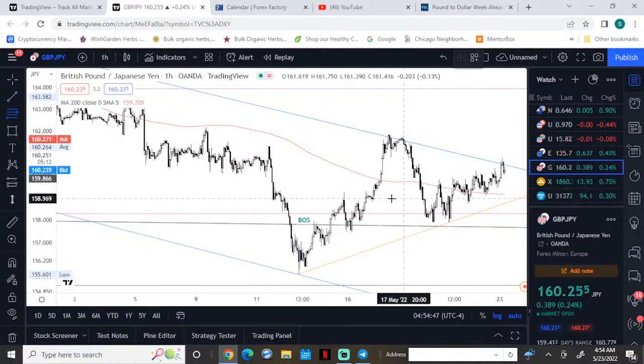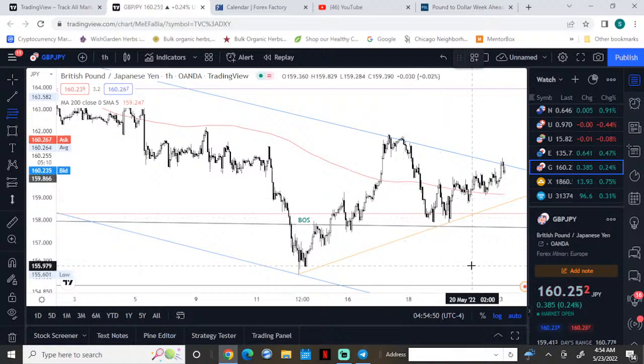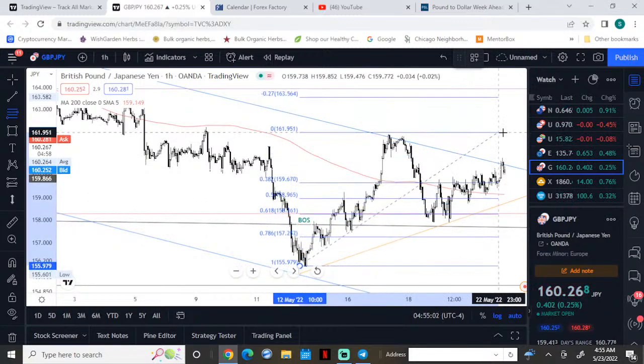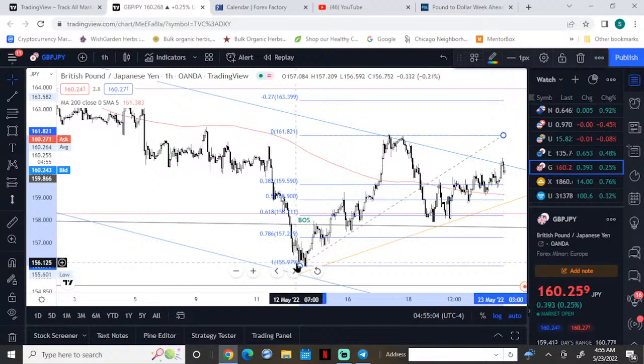So you haven't given us another lower low or a higher high. But I can put a fib right here. Point A, B, came down to the 618.